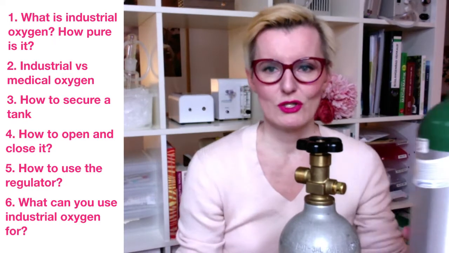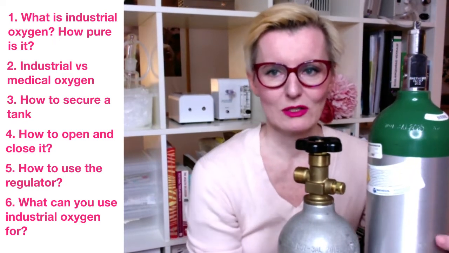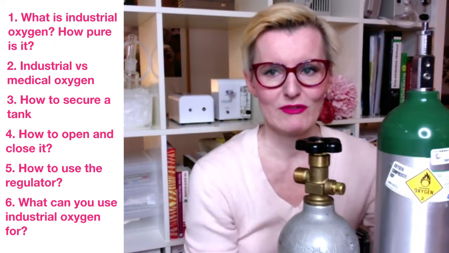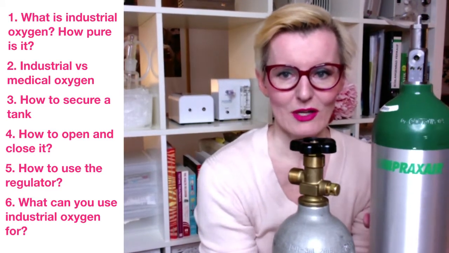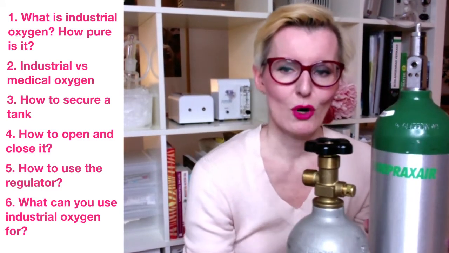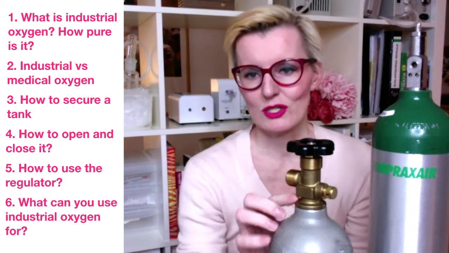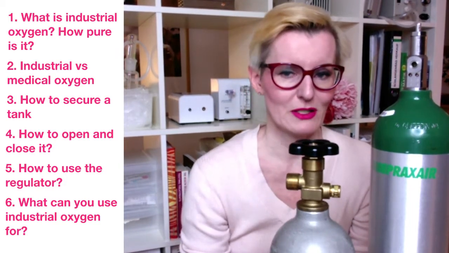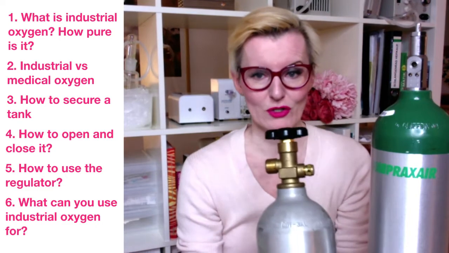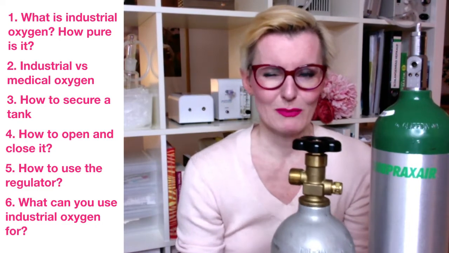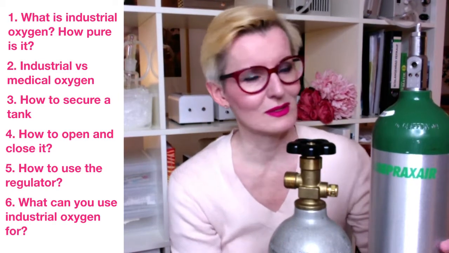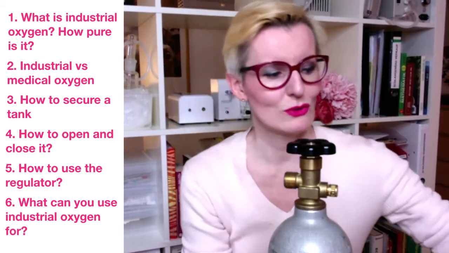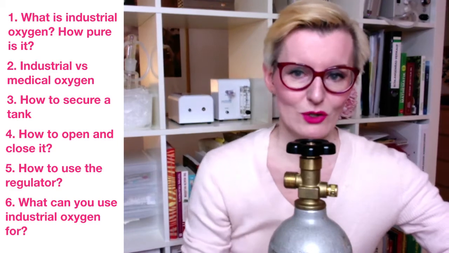To compare it, here is a medical CGA 870 valve that looks like this. So you see the difference. Already when you look at an oxygen tank, you can tell in many cases whether it's medical oxygen or some other type of oxygen, but it's a little more nuanced, a little more complicated, but I will get into this later.